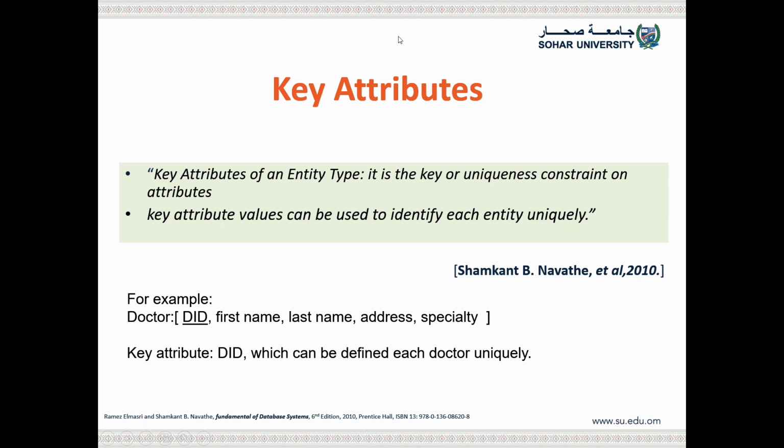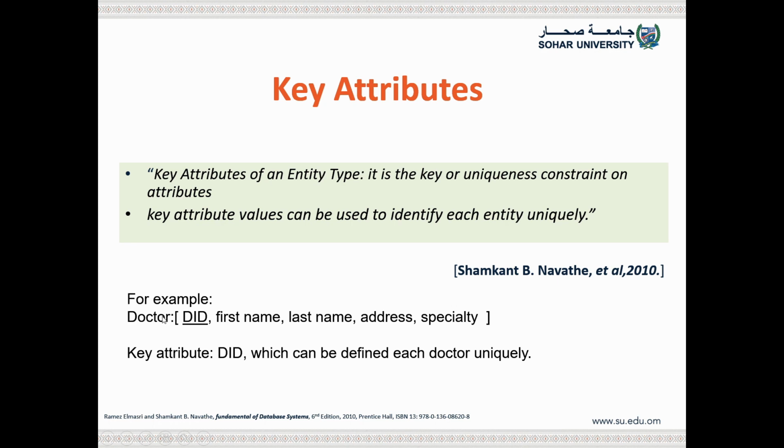Key attributes of an entity type. It is the key or uniqueness constraint on attributes. Key attribute values can be used to identify each entity uniquely.